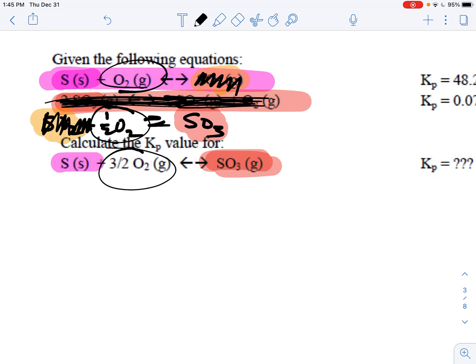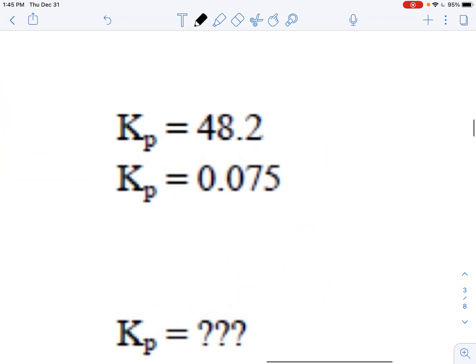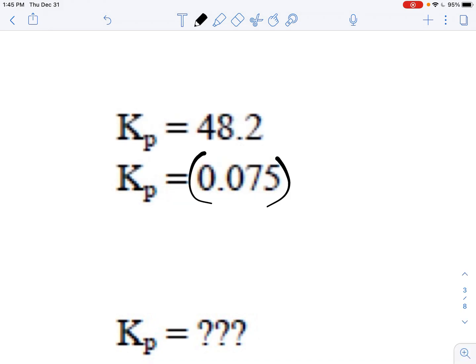So my top equation up top here in pink, I left as it is, but my red equation here, I had to flip it and cut it in half. By flipping it and cutting it in half, remember, you have to do that over here. Flipping it means I have to take it to the -1, and then cutting it in half means I have to square root it, so it's really to the -1/2.